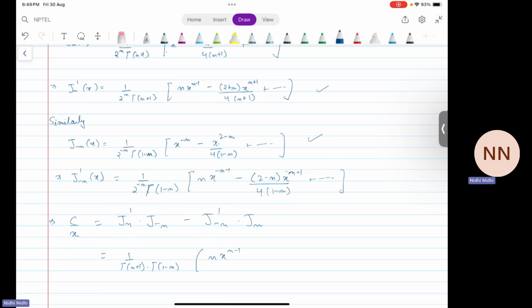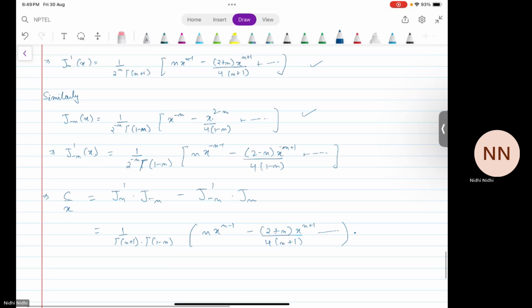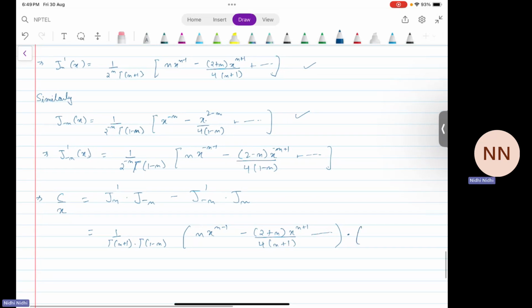Then n x to the power n minus 1 minus 2 plus n x to the power n plus 1 by 4 times n plus 1, and so on, times n x to the power minus n minus 1 minus 2 minus n x to the power minus n plus 1 by 4 times 1 minus n, and so on, minus.